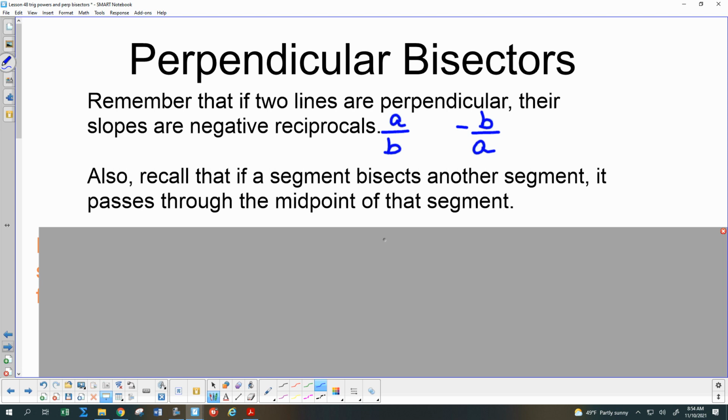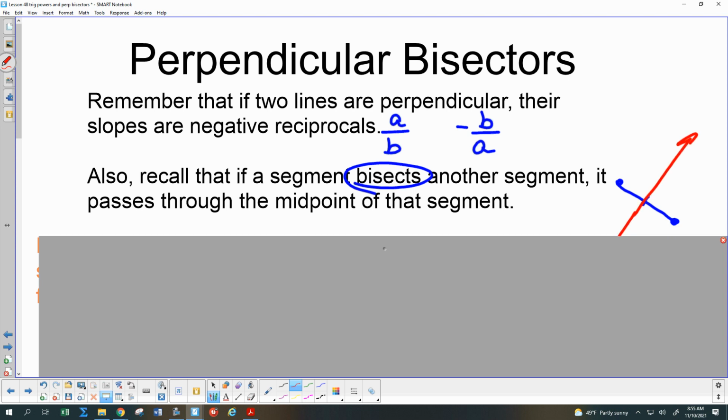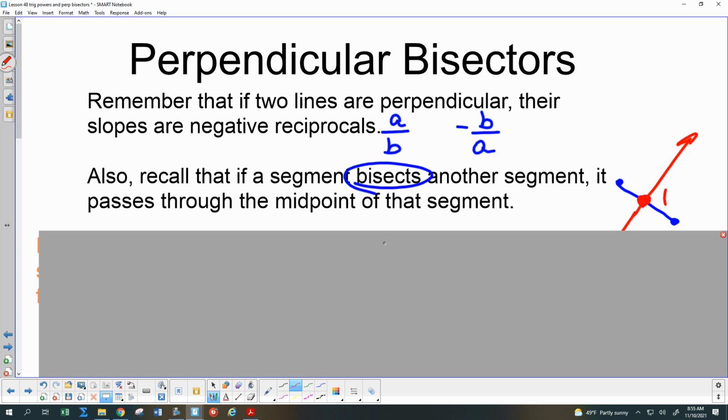The other thing we need to remember is that bisect means cut it into 2 equal pieces. So if we are taking a line segment and getting the perpendicular bisector, it needs to cut that into 2 equal pieces, which means it goes through the midpoint.